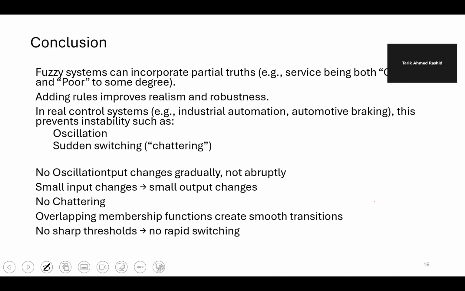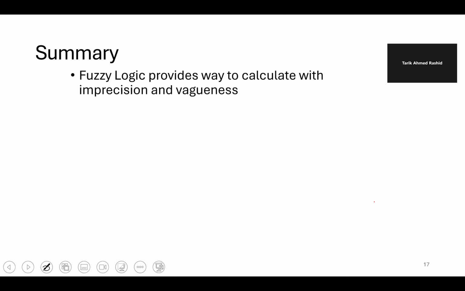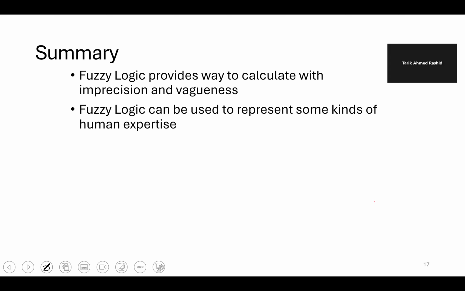In conclusion, it's a good way when your application deals with vagueness and imprecise things, and usually we use it for linguistic variables, things that can be described linguistically and cannot be exactly represented.